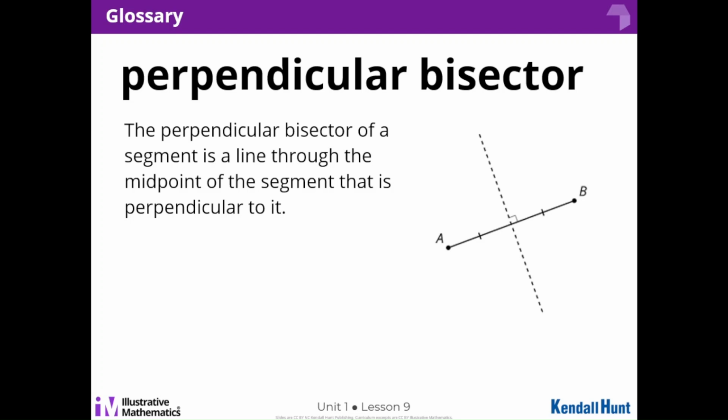So in the example here, everything on the right side of that dashed line would be closer to point B. Everything on the left side of that dashed line would be closer to A, and every point on the dashed line is the exact same distance from both points.